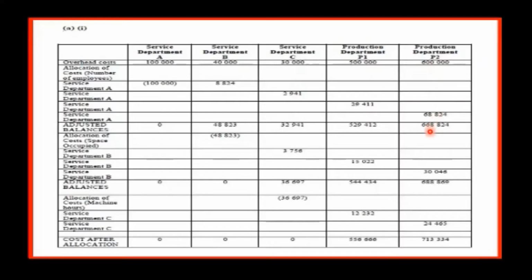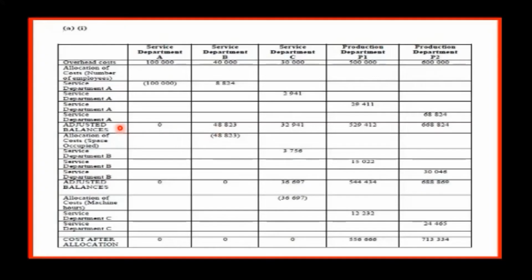Now, what I wanted you to notice here is this is the step down method. In that method, the departments are eliminated one after the other, the service departments, that is. You could be given a different method, either the direct method or continuous allotment.